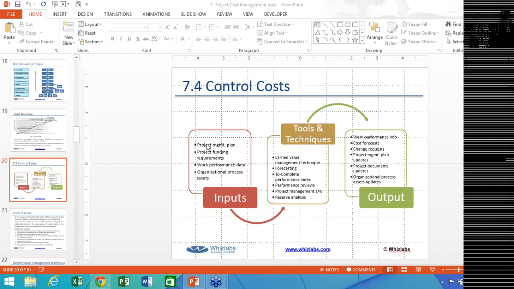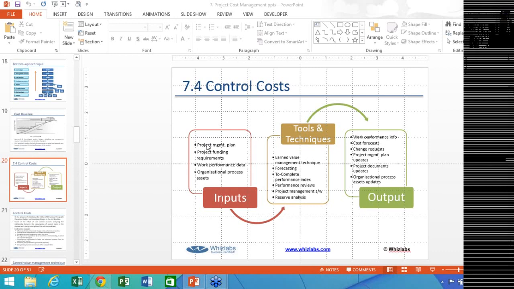So yesterday we did discuss the inputs, and when I was about to discuss the tools and techniques, I asked you to wrap up because I thought it would be too much information. We started with earned value management, which is a technique used to evaluate the performance of the project on three parameters: cost, schedule, and scope.